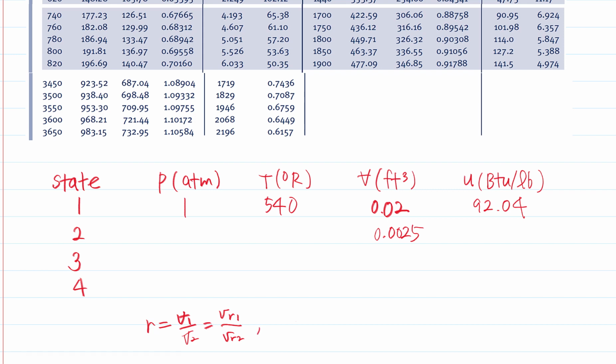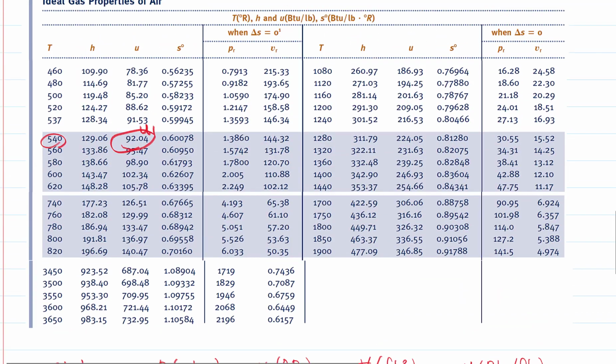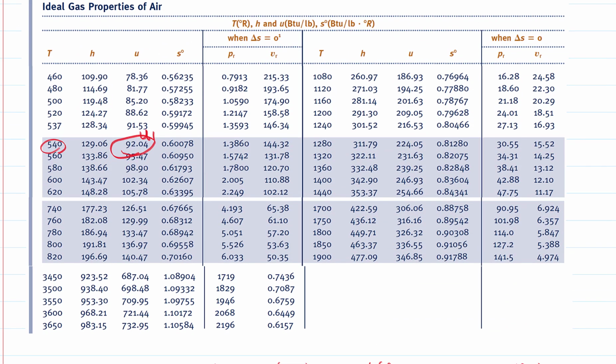And we can write it for vr2. So V2 over V1 times vr1. V2 over V1 is 1 over r, and vr1, the relative volume at state 1, is here.